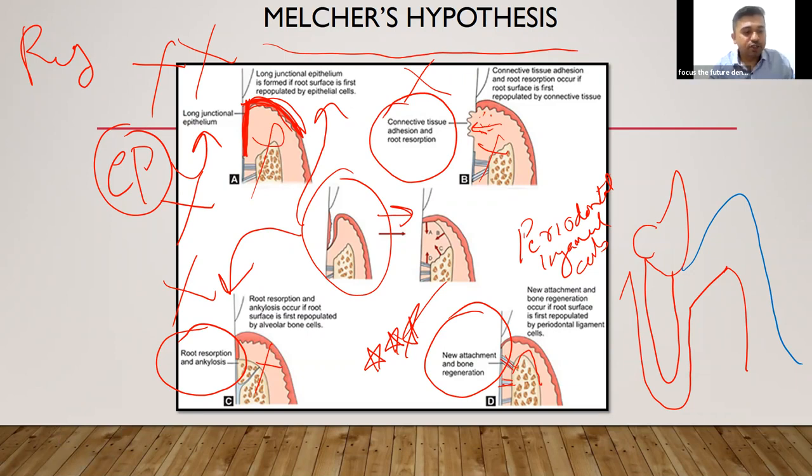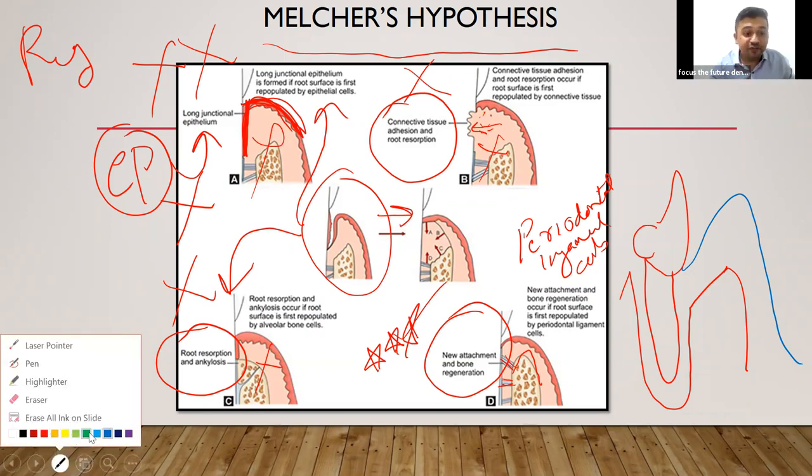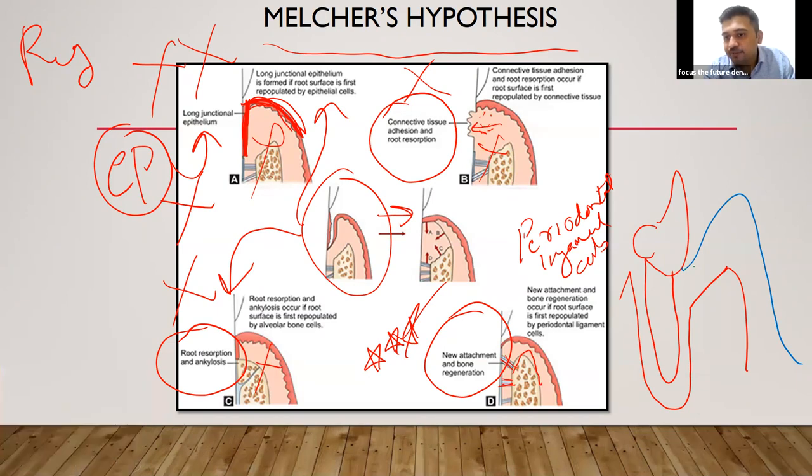Let me show you now, let's put everything together. Imagine I have opened a flap, curetted everything out, and I am placing my membrane here. This is my GTR membrane.